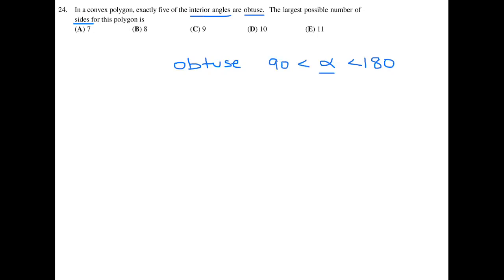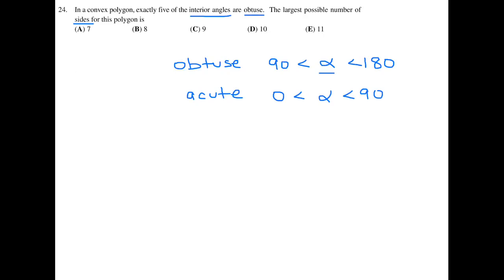This is the symbol for angle, or at least the symbol I use. And then you have obtuse angles and you have acute angles. Acute angles are basically angles that are between 90 and 0. Okay? So they're saying in this polygon, this shape, exactly 5 of their angles that are interior are obtuse.